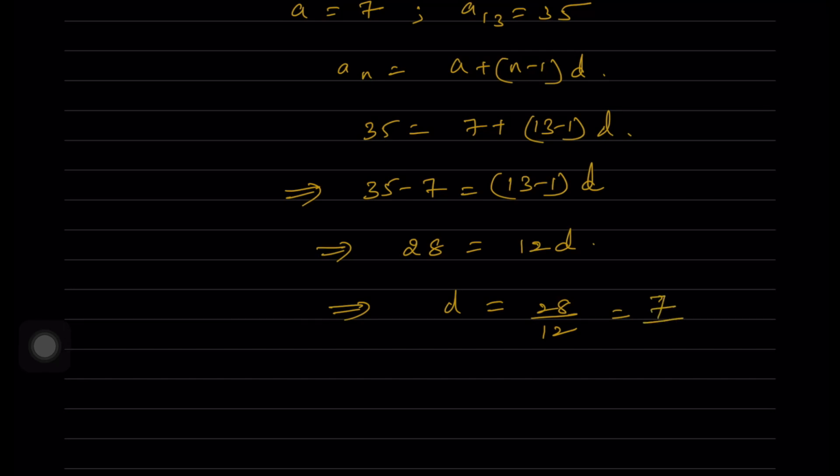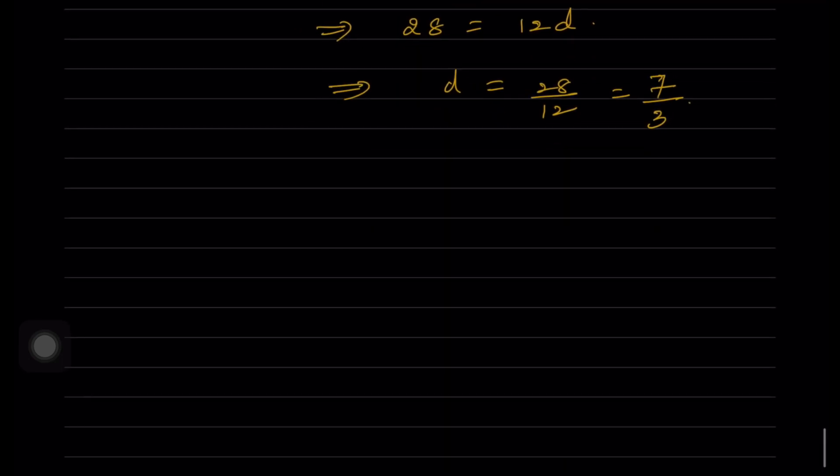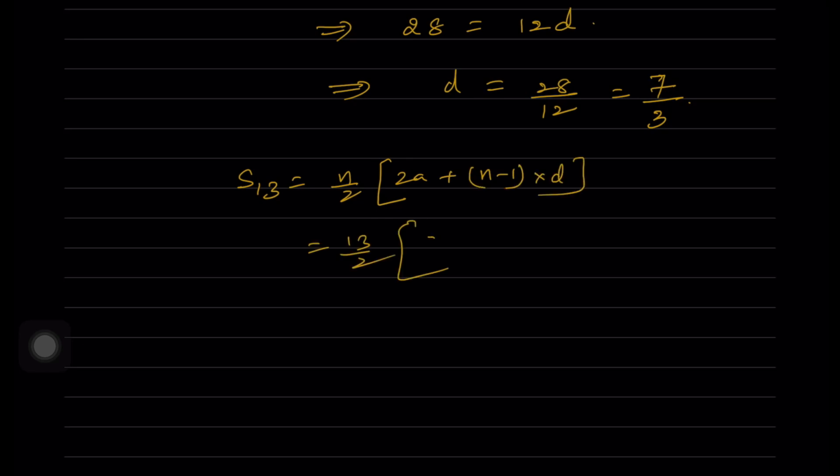D is equal to 7 by 3. Therefore S13 is equal to n by 2 into 2a plus n minus 1 into D, which is equal to 13 by 2 into 2 into 7 plus 13 minus 1 into 7 by 3.